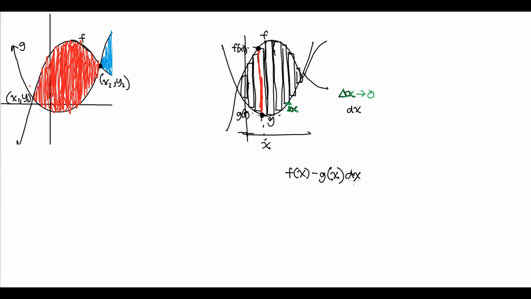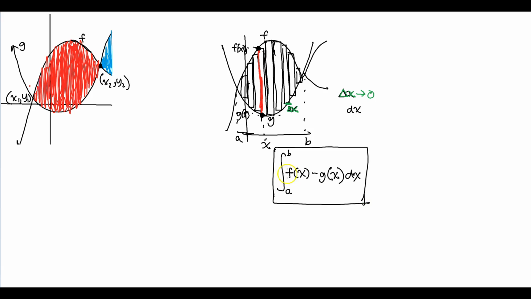Okay? And remember how we established the definite integral as a sum of these infinitely small rectangles? Well, you can apply the same concept here and take a definite integral. So if this was a and this was b, we would take it from a to b. And that is the area of a region between two curves.